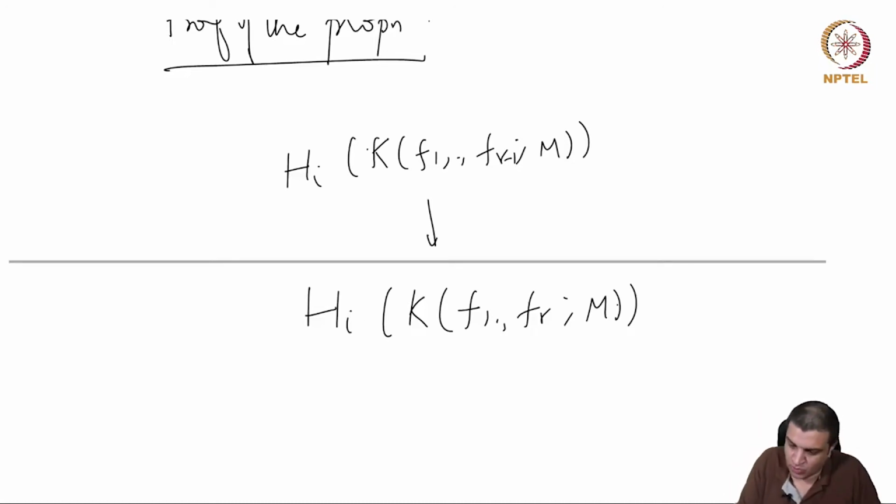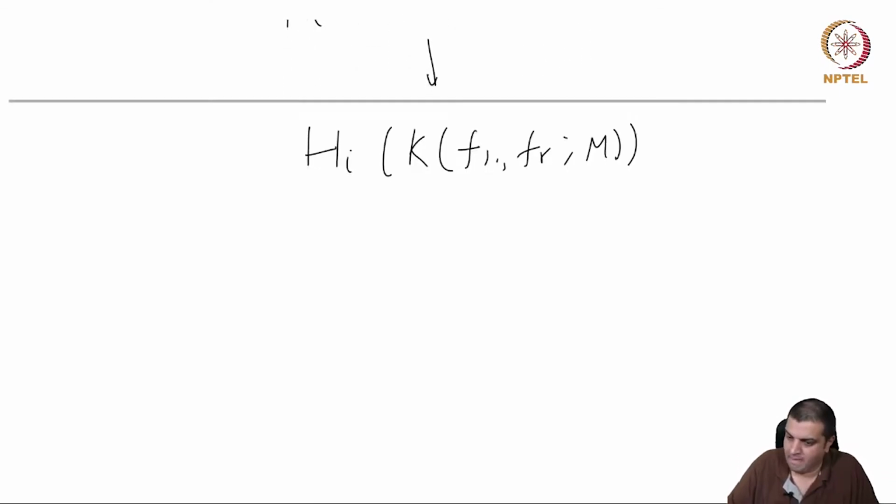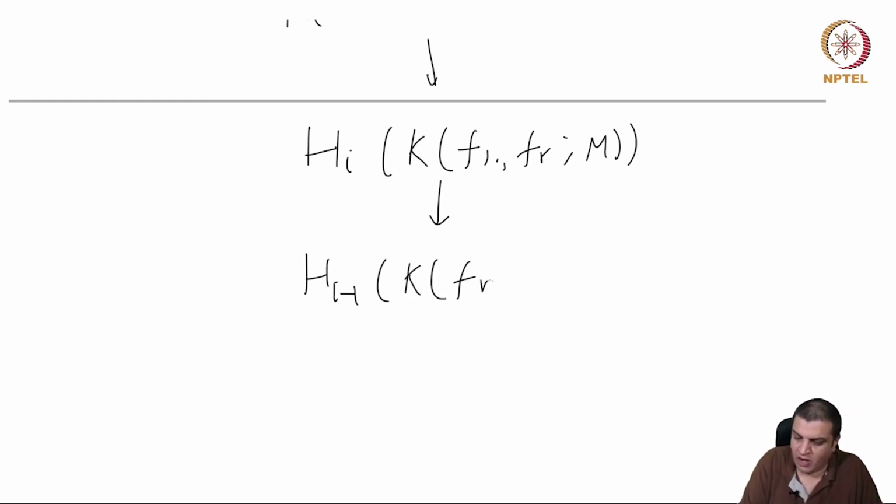So this is the cone, and here is the same thing, Hi of K of F1 through Fr minus 1, and this is multiplication by Fr. After this would be Hi minus 1 of K for r minus 1 elements.